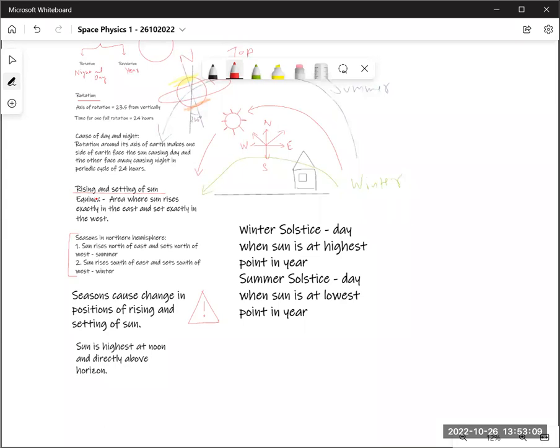What that means is, since it's most away, it's going to be colder than the other days. And in summer, the sun is at the lowest point, it's closest to the earth, so therefore it's the highest temperature on that day.